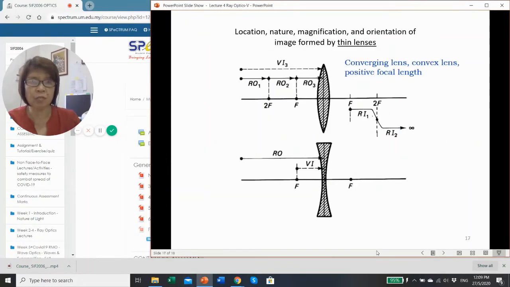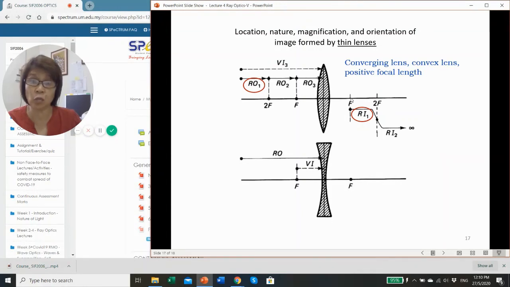Now, this diagram tells about the nature, the location, as well as the magnification of the image formed by convex as well as concave thin lenses. Let's take an object from infinity towards this distance 2f. So this object is real, and when the object is at infinity, the image will be formed at the focal point.